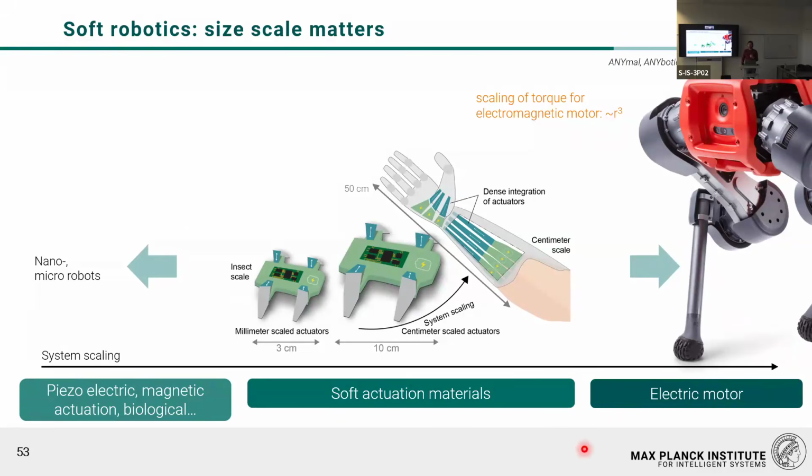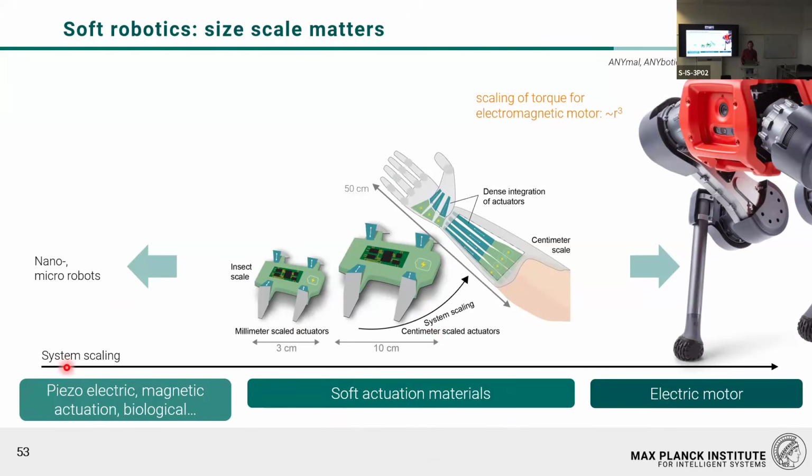And for small scale systems where we need a lot of actuators in a small space, so where the density of our actuators is high, or where the robot itself is very small, it gets very difficult to use electromagnetic motors. And I would argue that here in this regime of a centimeter to a few tens of centimeters, soft actuators can really be a very good idea.